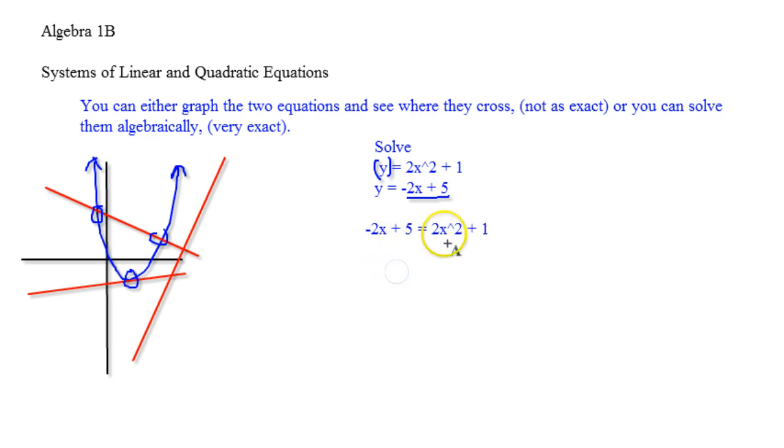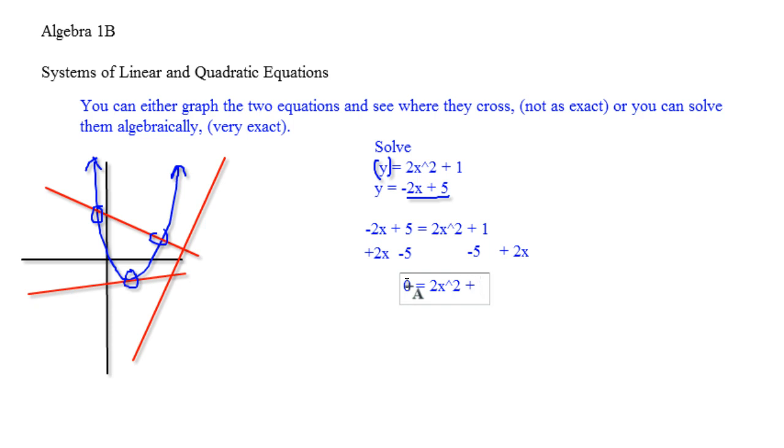Now if you notice, I have an x squared, an x, and a constant, so that means solving by the quadratic. I'm going to move everything over here. So I'm going to minus the 5 here, and then add the 2x over here. If you remember, you have to do it to the same side, so plus 2x minus 5. And so what we get is 0, and the reason we want the 0 is because of the zero product property.